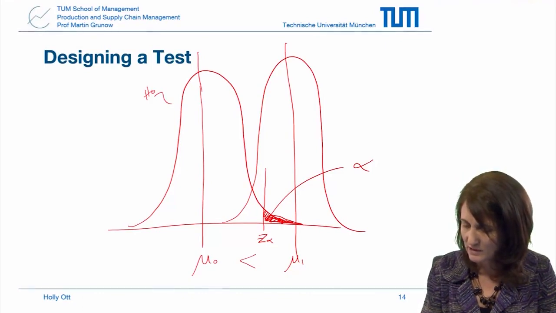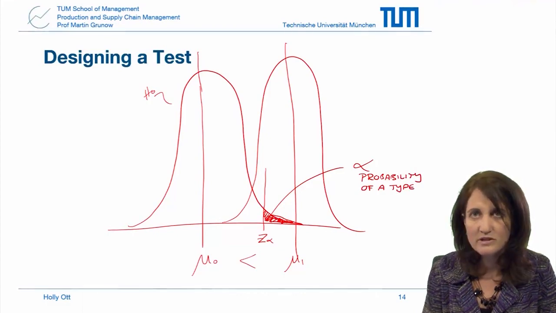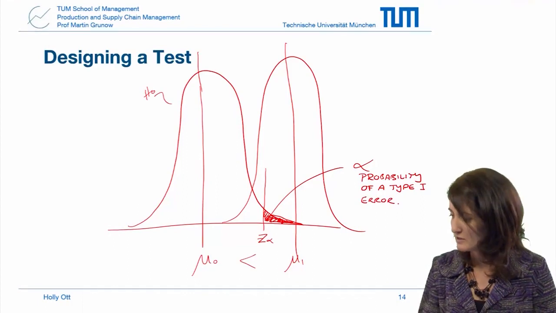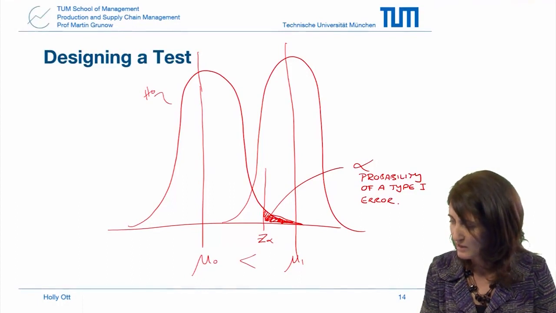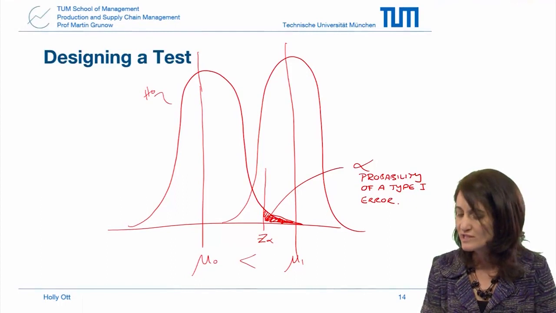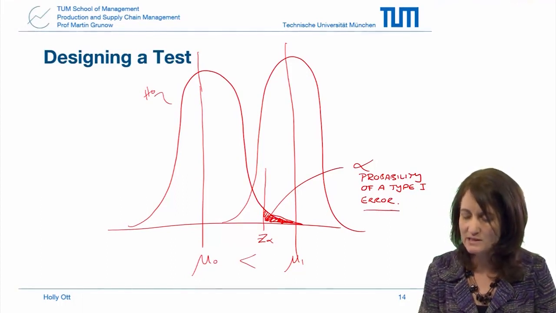So this is going to be the probability of a type 1 error. The probability of accepting the claim H1 when it is not valid, can also say the probability of rejecting the null hypothesis when it is valid. We want to keep this small.